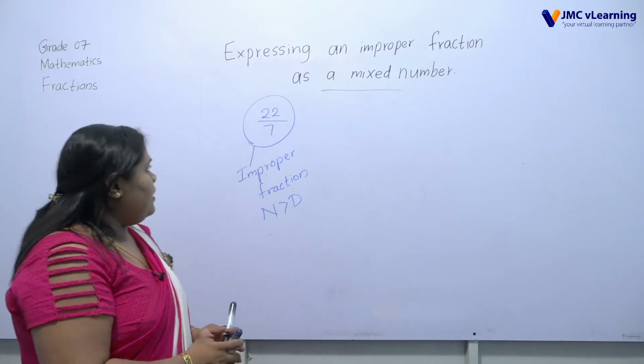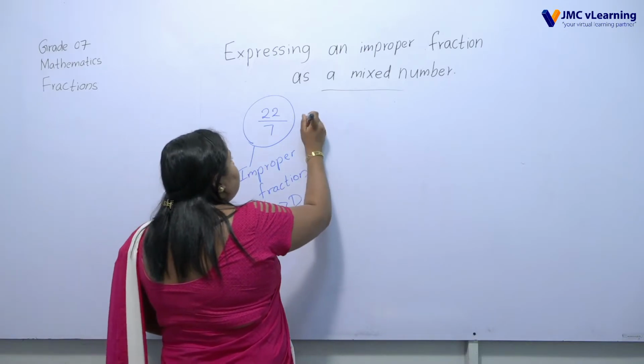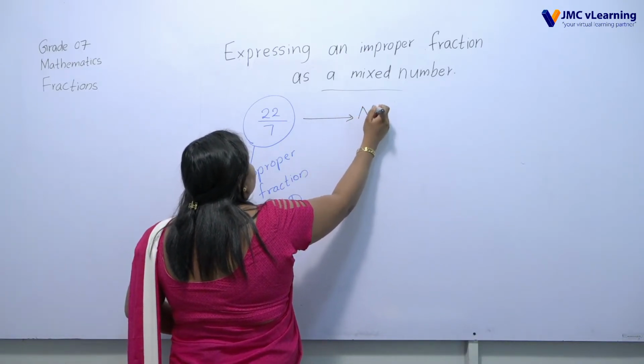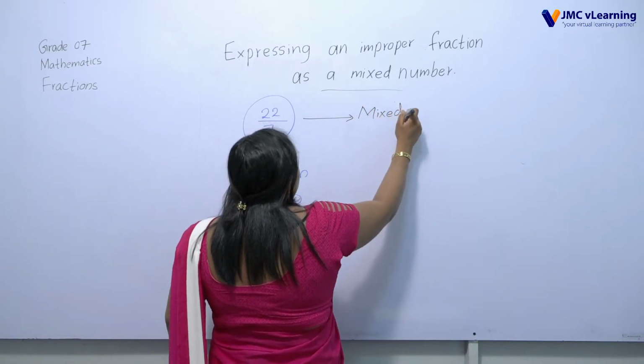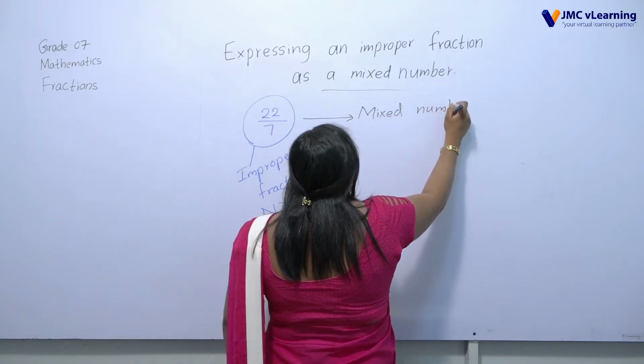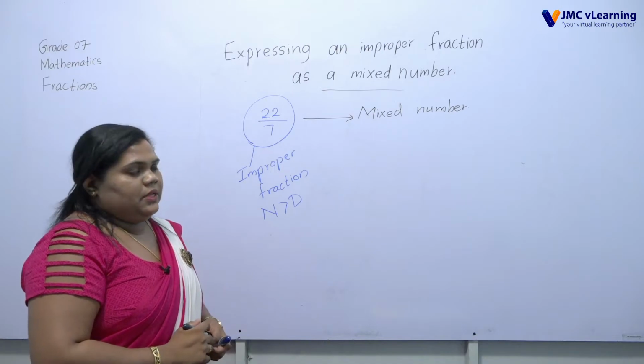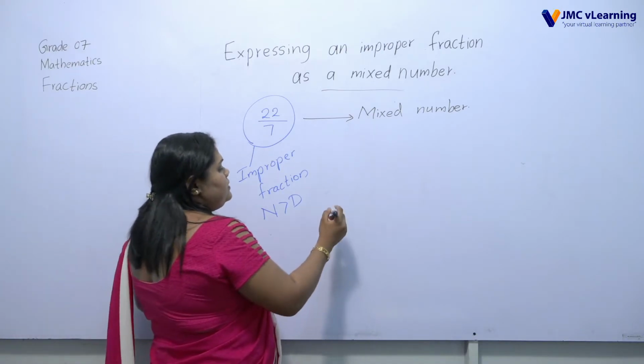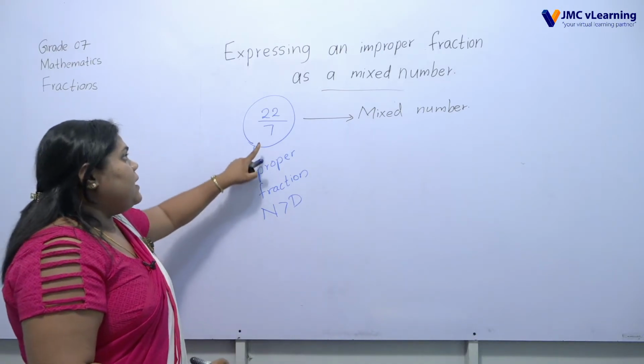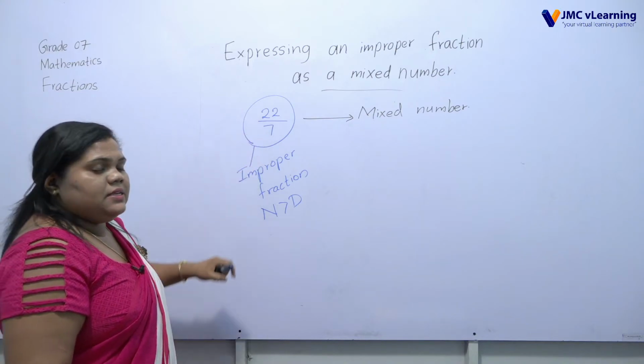Okay children, now we want to convert this into a mixed number. Now I am going to teach you how to do that. First you want to divide this 22 by 7.